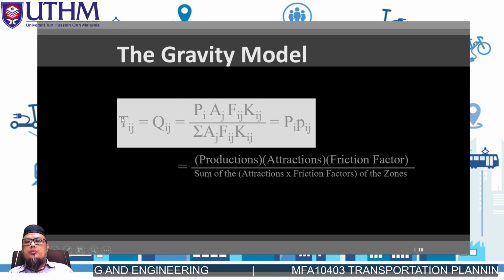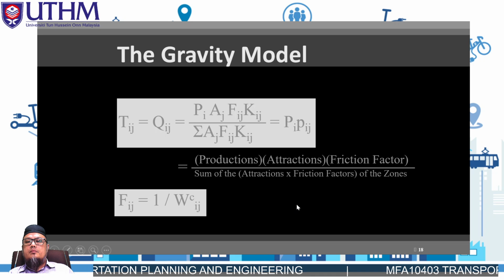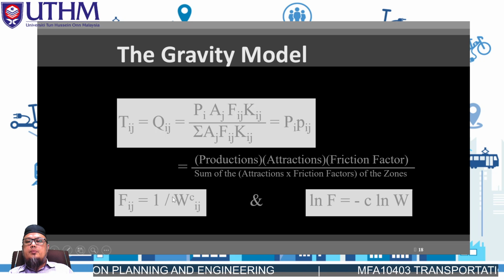Whether we use T or Q or P depends on what we are going to predict or calculate. Pi is production, A is attraction, F is the friction factor, and K is still under the factors. This remains quite the same. Fij is what I just explained in the previous slide.